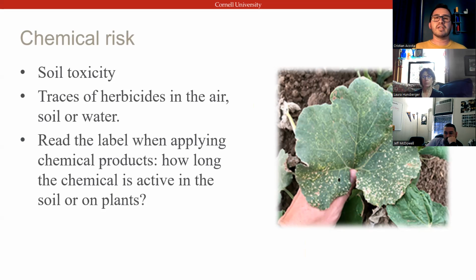So this is something that we need to pay attention to: what is around us. If there is a neighbor that is growing something, what they are growing, if they are spraying. If our plants start becoming yellow or showing signs of disease, they may be intoxicated in some way by what is around us.